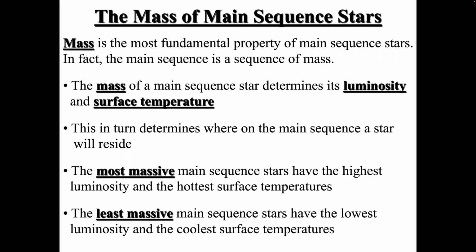of course, the mass also defines where on the main sequence a particular star will reside, right? Basically, the higher the mass, they will go into the top left-hand corner of the main sequence, while the low mass stars will go into the lower right-hand corner of the main sequence.